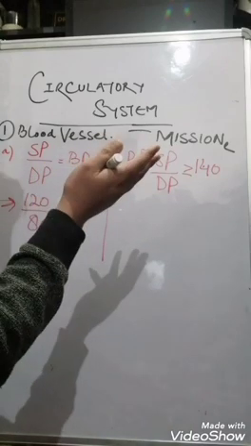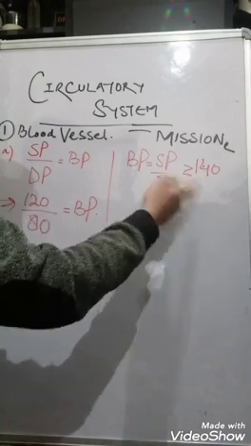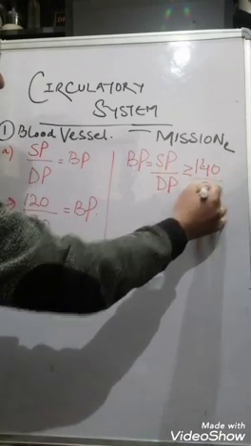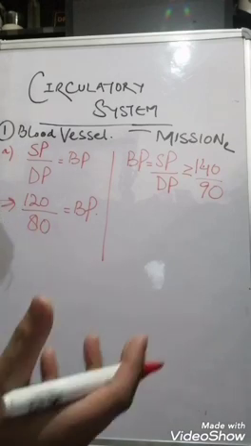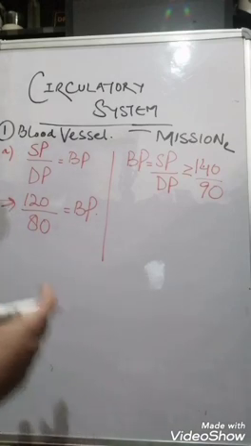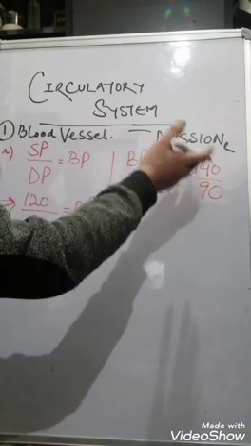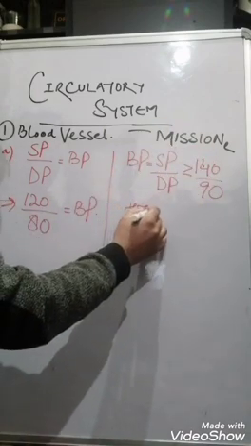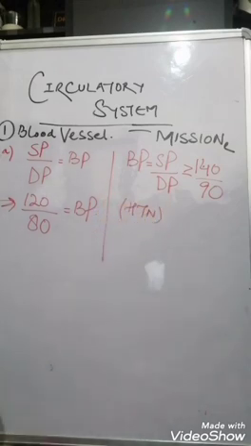It moves up to a level where it becomes 140 or greater, and the diastolic pressure becomes 90 mm of Hg. When the blood pressure rises to a ratio greater than or equal to 140 by 90, we call this condition hypertension. So hypertension is a condition where the systolic pressure rises above 140 and diastolic pressure rises above 90 mm of Hg.